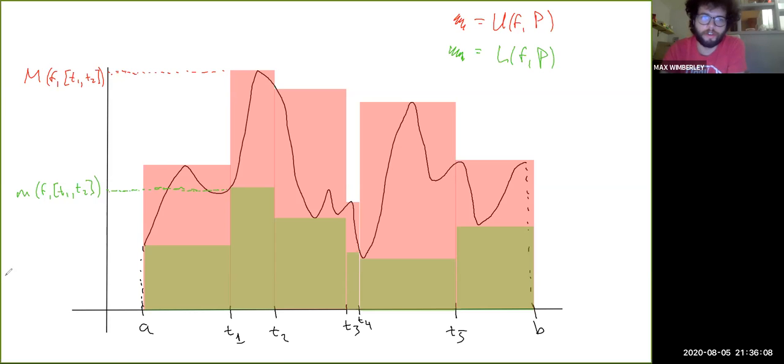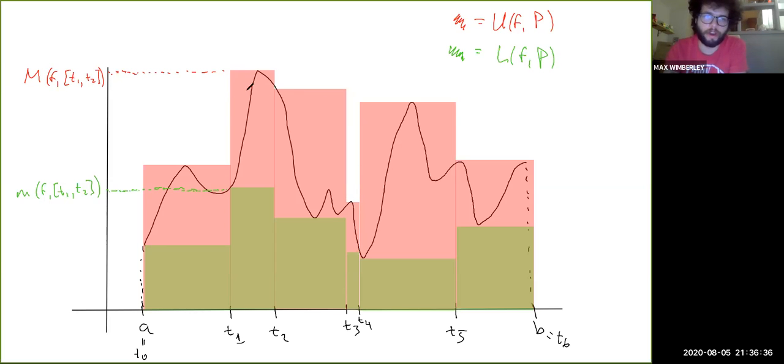Here you can see an example of some upper and lower sums for some random partition for a random function. You can see the point t0 is A, and then B would be t6, so there are 6 rectangles. For the upper sums, we're always using the supremum value.